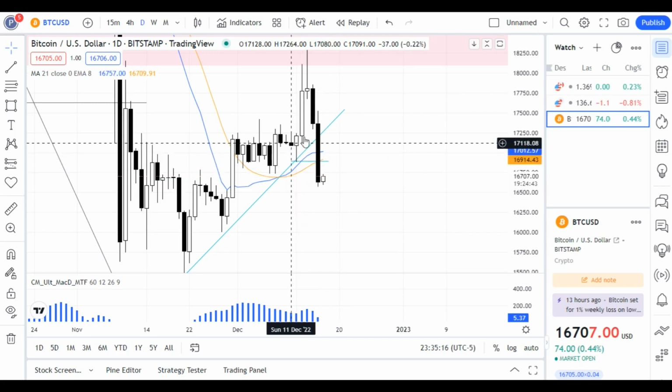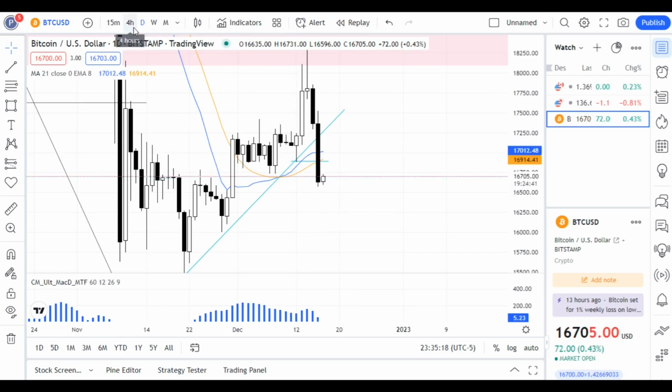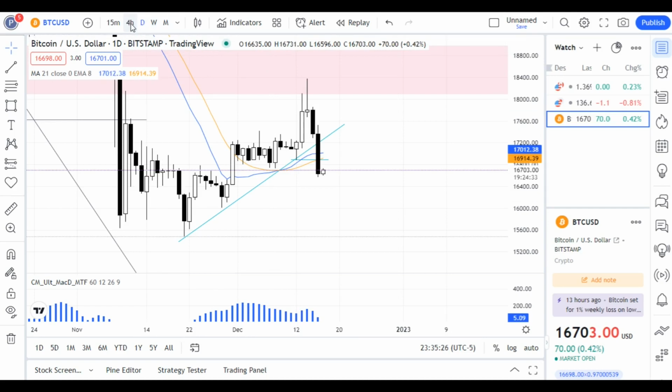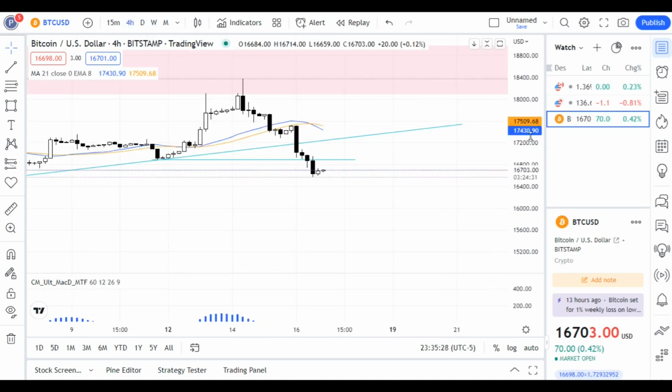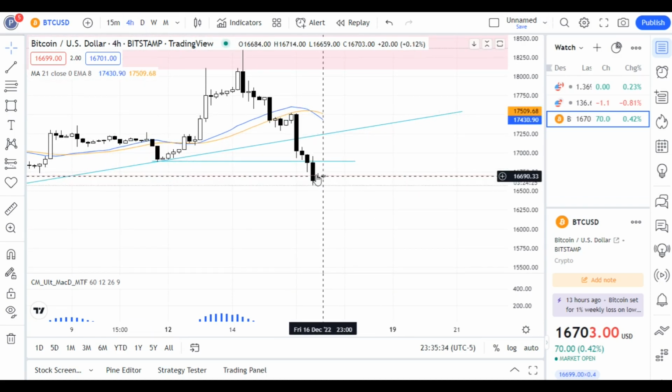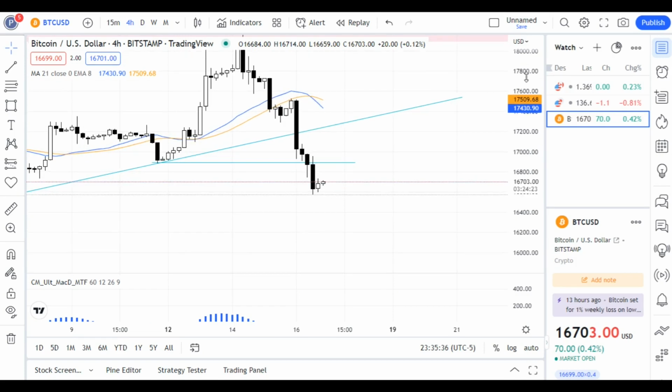So it's very, very important to exercise patience when it comes to your charts. This is what we are saying, and this is what we have come to conclude. You can see this is what we are trying to indicate in the daily.